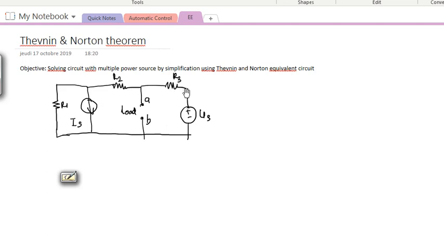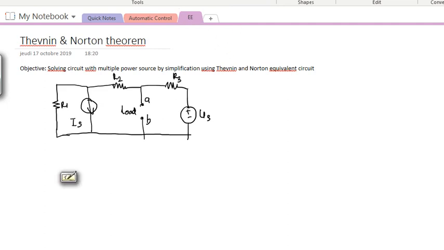If before we had simplification of resistances, we can see this part of the class as something equivalent to simplification of power sources. So let's start with that.